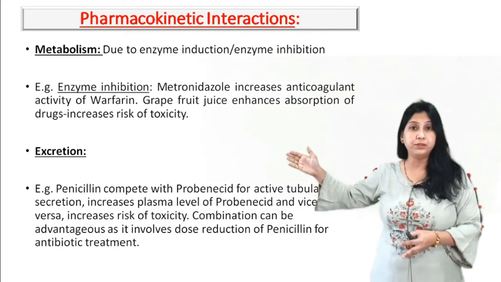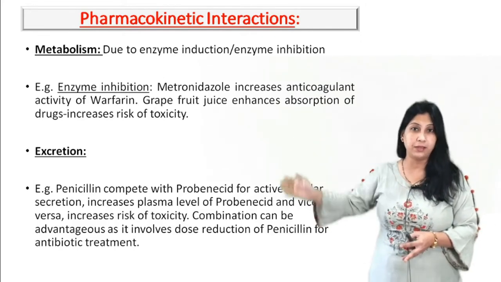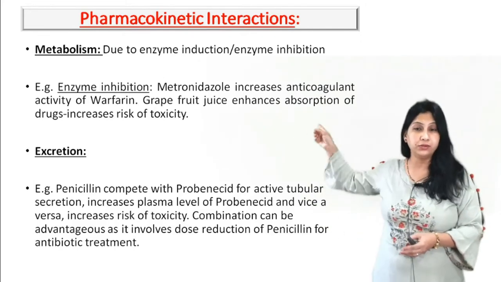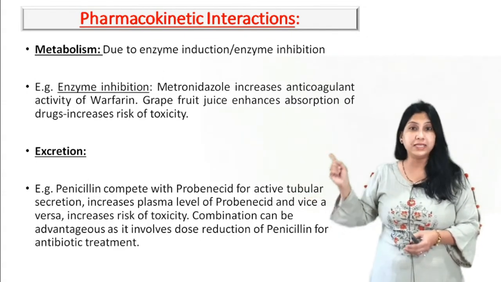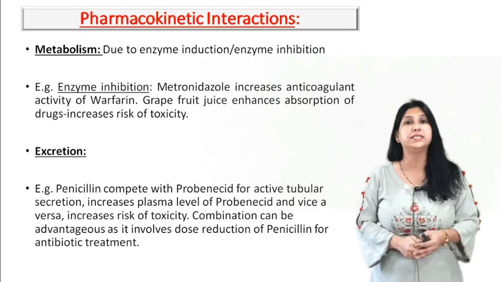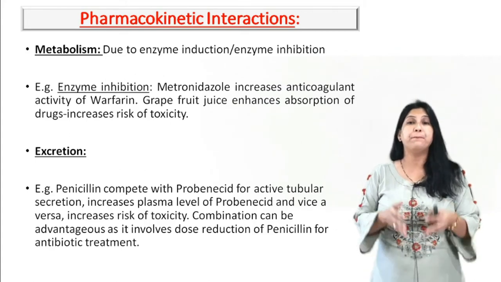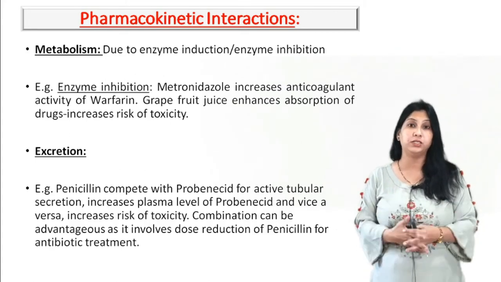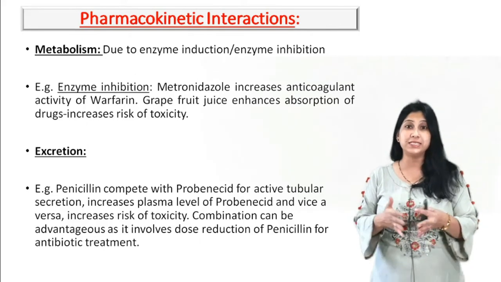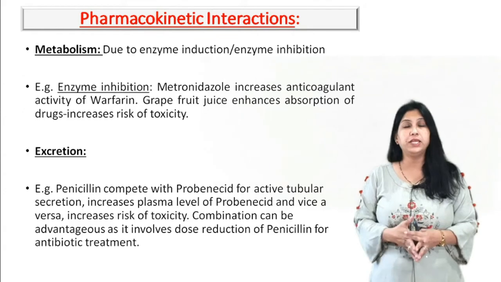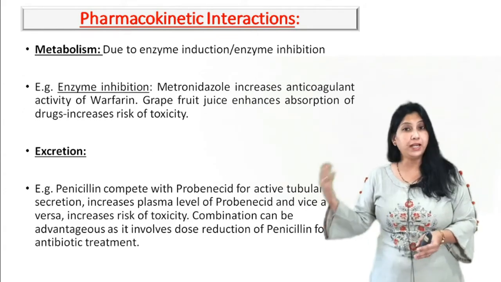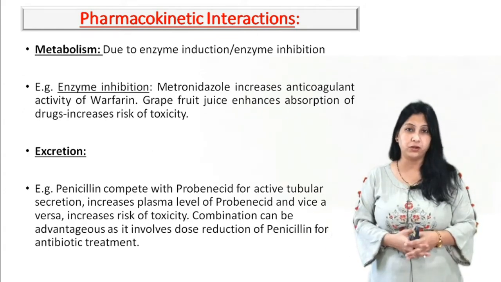For example, related to enzyme inhibition, here I have quoted the example of metronidazole, and this drug inhibits the enzymes responsible for the metabolism of the anticoagulant drug warfarin. So this results in a higher concentration of warfarin because of the inhibited metabolism, and that may result in the toxic effect of warfarin.